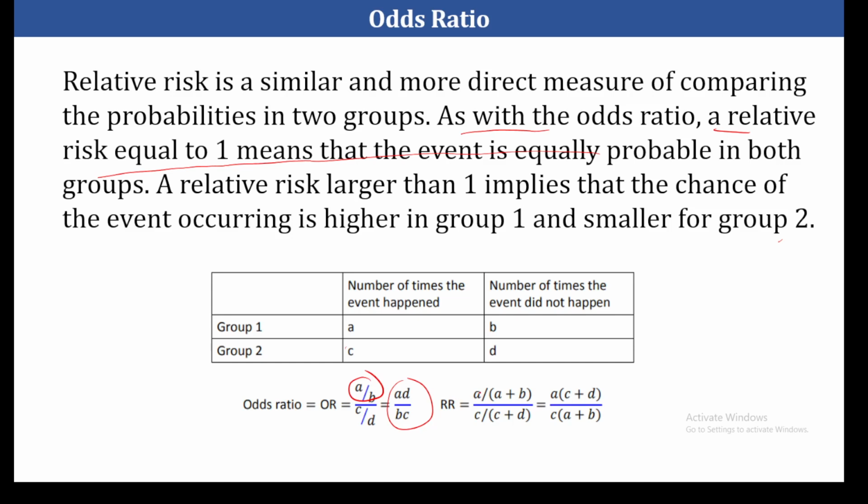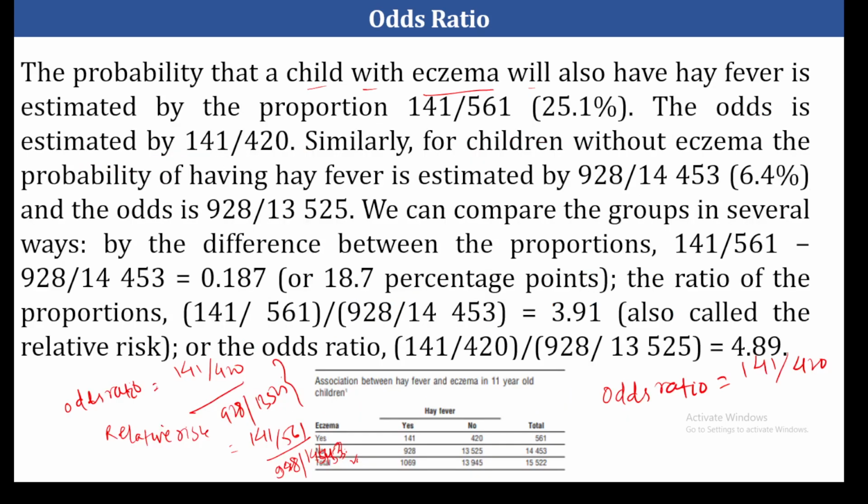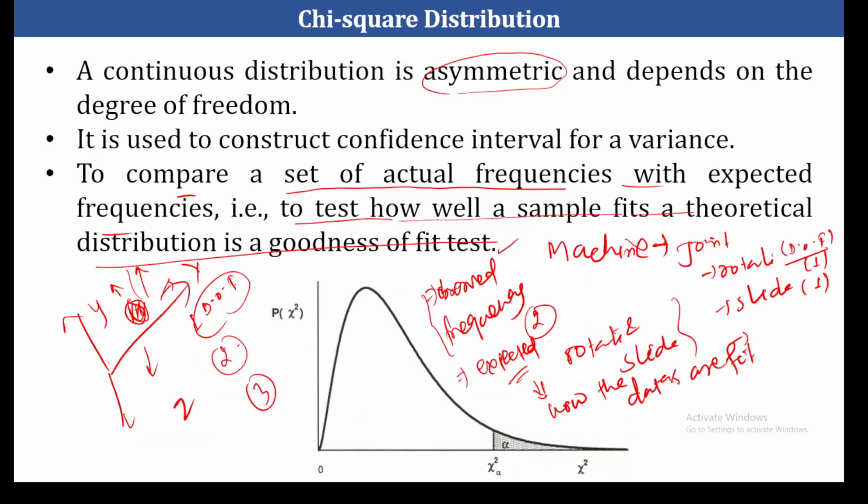For relative risk, we can calculate A in terms of A plus B, sorry, then C by C plus D. So this is the relative risk within one group itself. So that is the formula we can use to calculate.